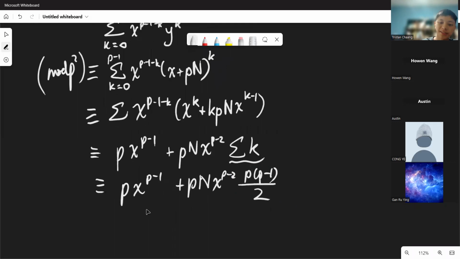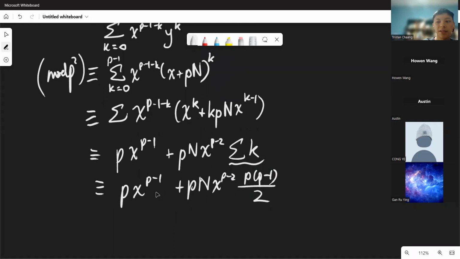Now, why is this not divisible by p squared, but divisible by p? Of course, first of all, it's obviously divisible by p, because both terms have a factor of p inside.